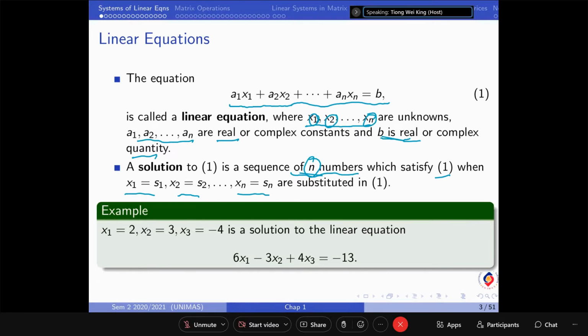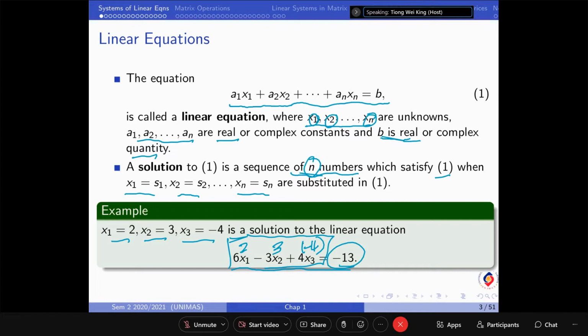For example, x1 equals 2, x2 equals 3, x3 equals -4 is a solution to the linear equation 6x1 minus 3x2 plus 4x3 equals -13. Meaning if you replace x1 with 2, x2 with 3, and x3 with -4, and do the arithmetic on the left hand side, you will get -13.